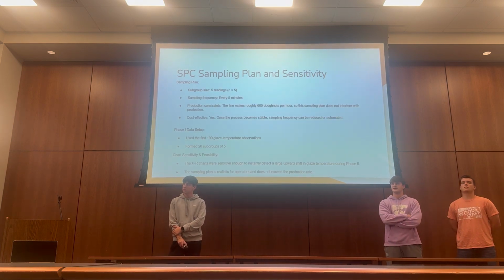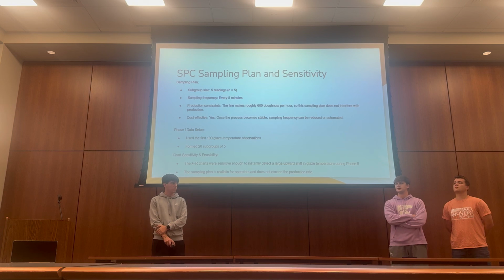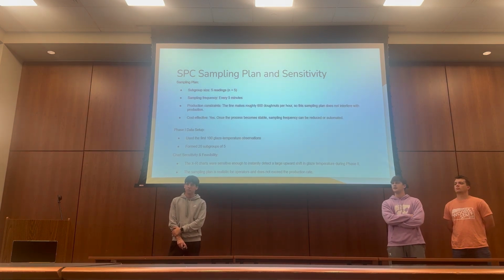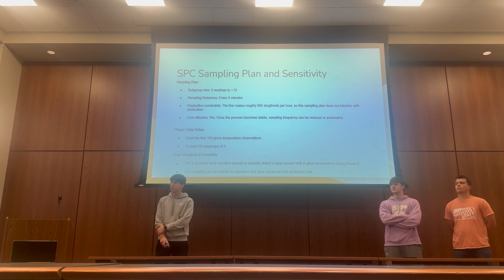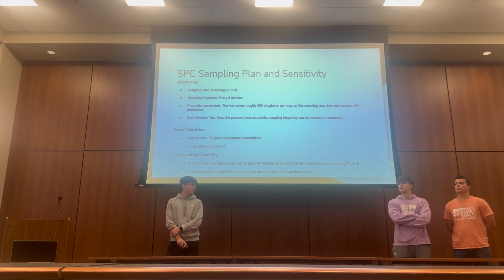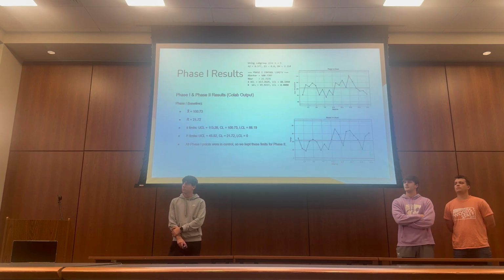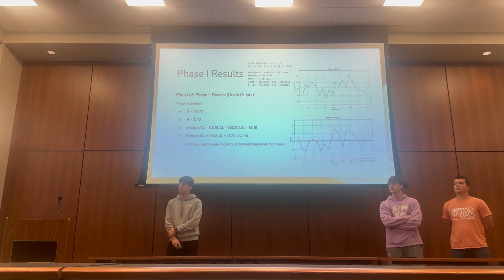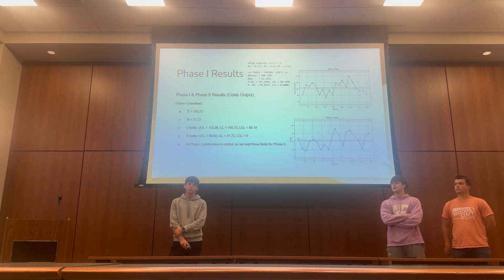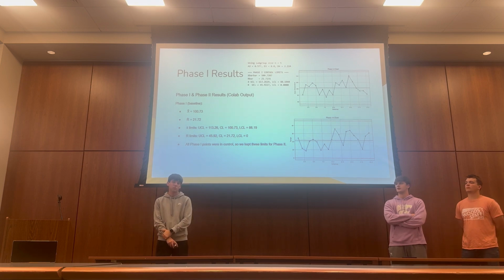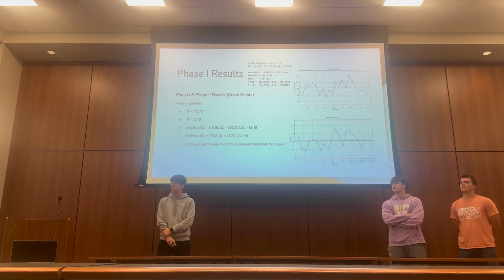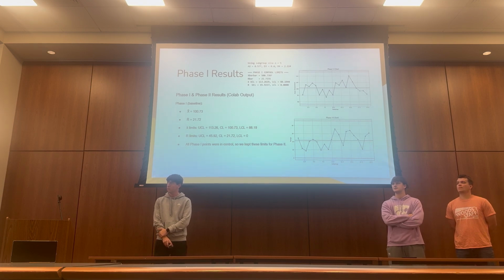For the phase 1 data setup, we used the first 100 glaze temperature observations, which was 5 groups of 20, and then the X-bar and R charts we thought were sensitive enough to instantly detect a large upward shift in the glaze temperature. So for the phase 1 results, we had 100.73 for the X-bar, R was 21.72, and then those are the X-bar and R limits. As you can see, all the phase 1 points were in control, so we kept these limits for phase 2.